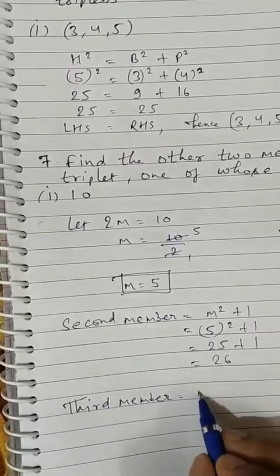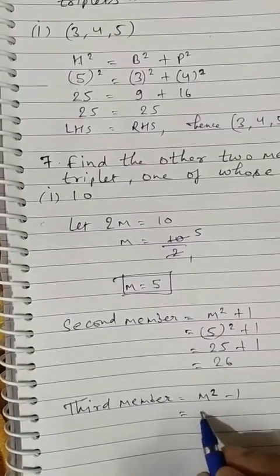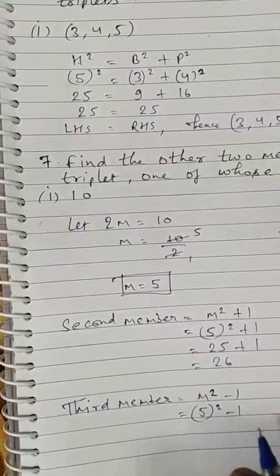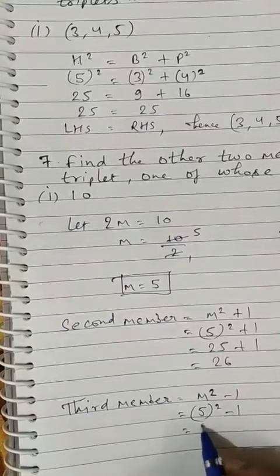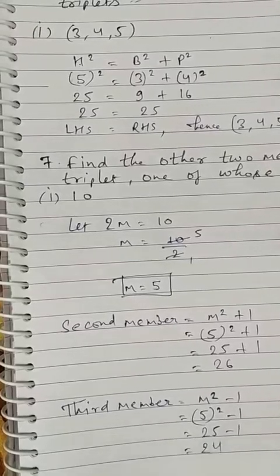Next is third member. Third member is given by m square minus 1. So the value of m is 5. So 5 square minus 1. Square of 5 is 25. 25 minus 1 is 24.